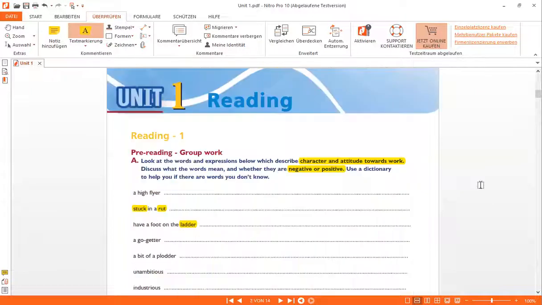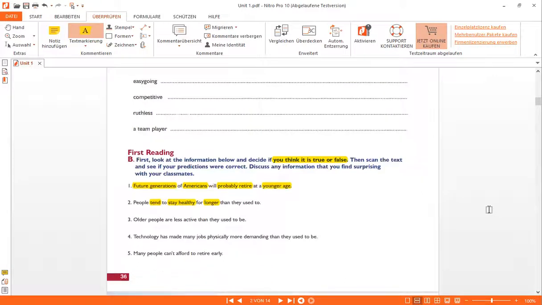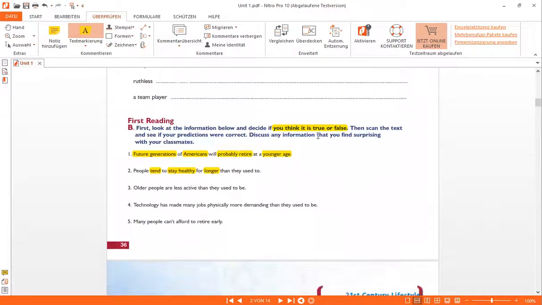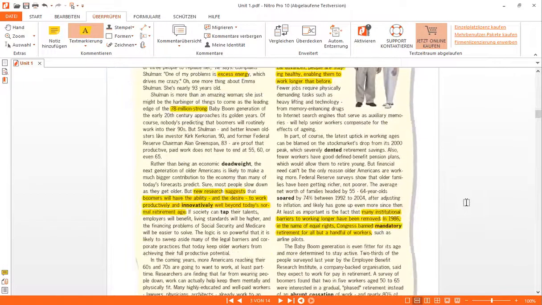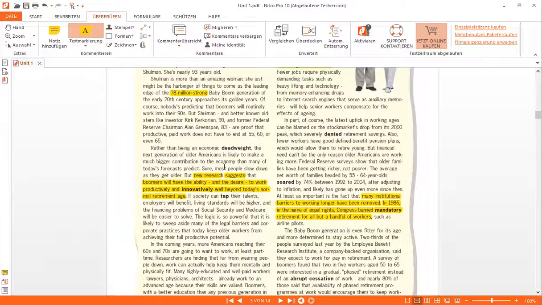But basically, we're looking at the desire or the fact that future generations of Americans want to retire at a younger age. And the text is saying the opposite, that they desire to work well beyond today's normal retirement age.